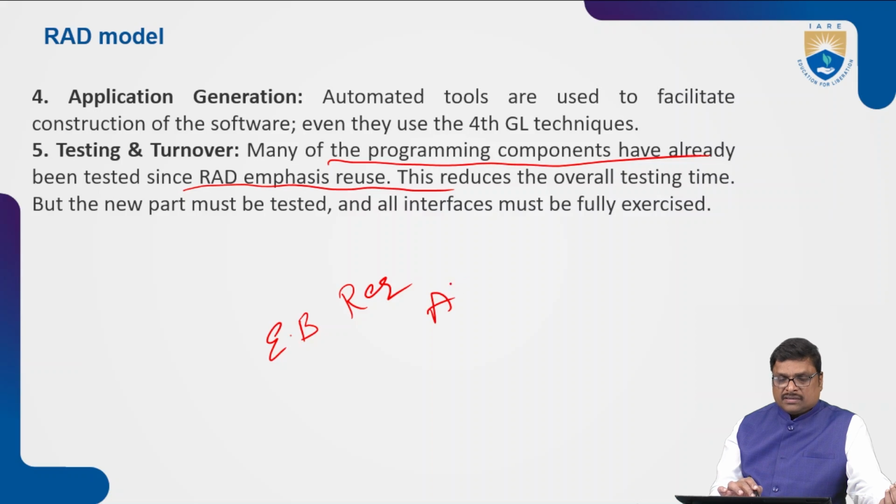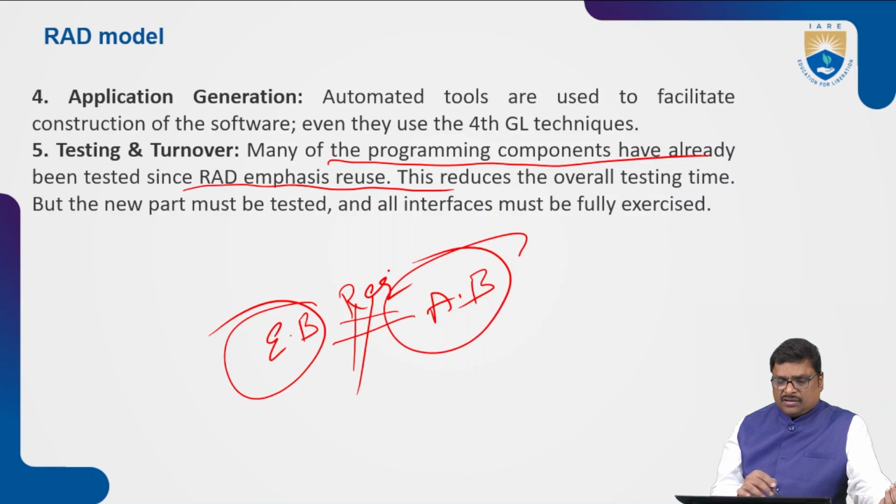After generating the application, we have an actual behavior. So in testing, we verify the expected behavior against the actual behavior. If both are equal, the test case passes. If both are not equal, the test case fails.